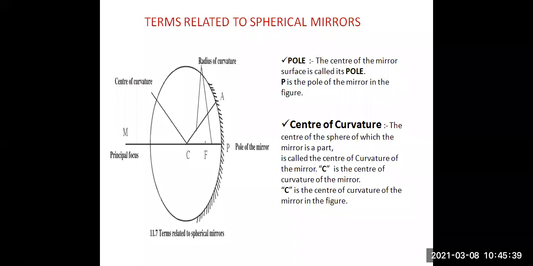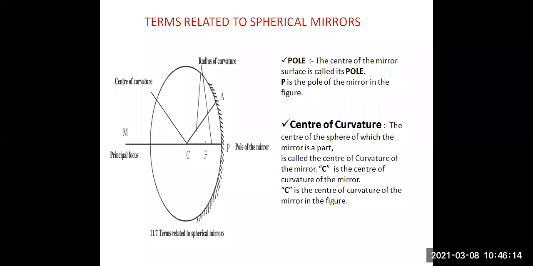So the pole P of the mirror is the center of the mirror surface, and it is always specified by the capital letter P. If you remember our last session, we related this diagram to a circle, so that you will remember these terms very properly.